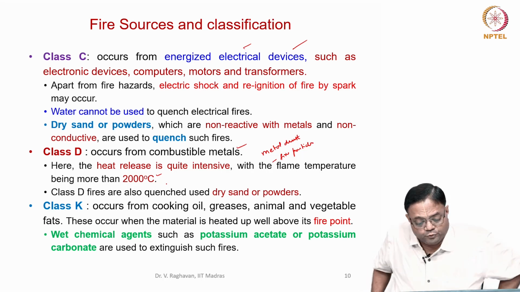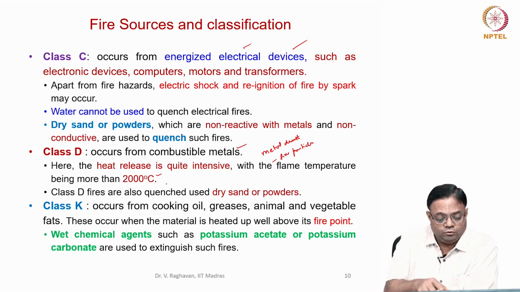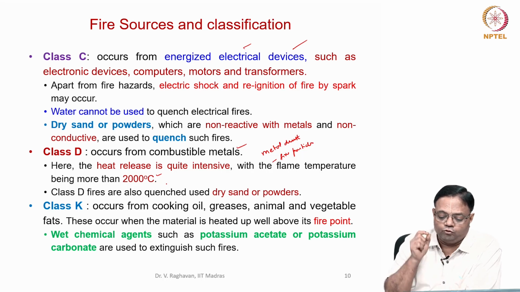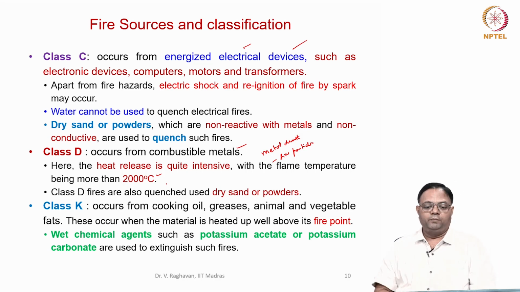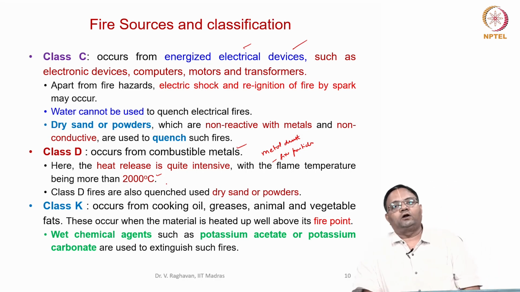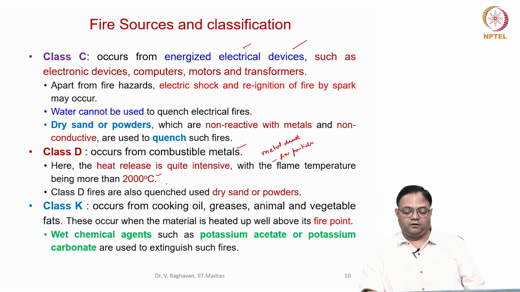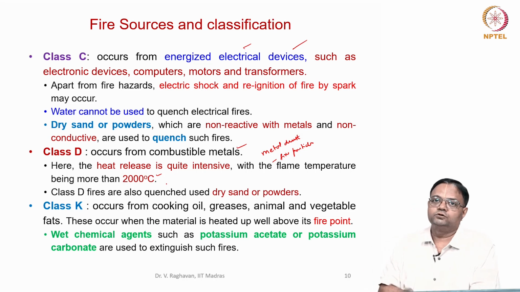Now, class D fires, combustible metals, are also quenched using dry sand and powders, because if you spray water, water can react with the hot metals and produce H2. This is a dangerous thing. So water cannot be used.